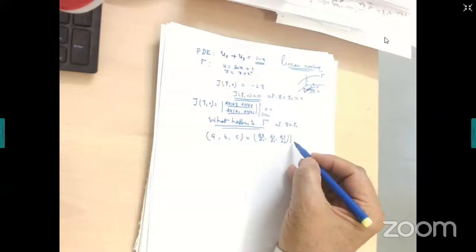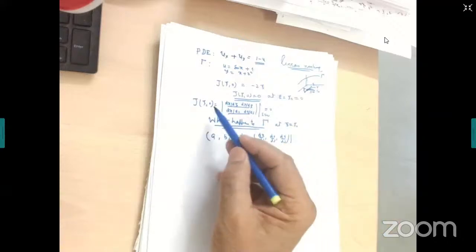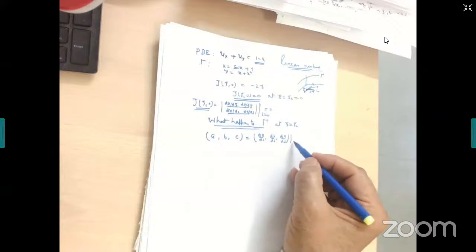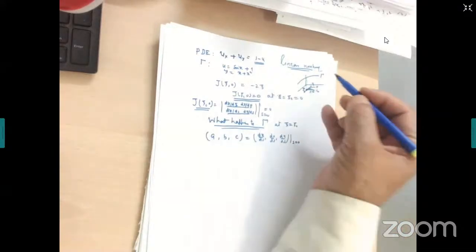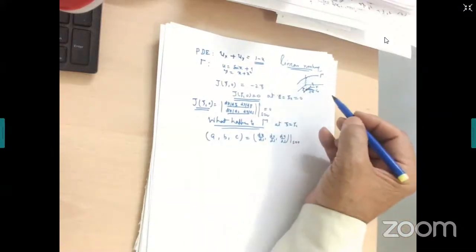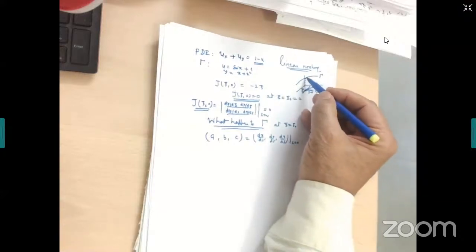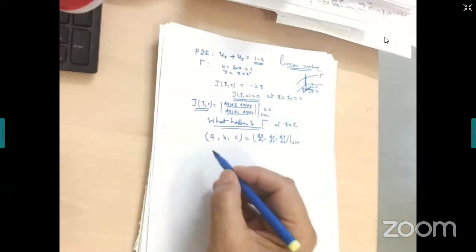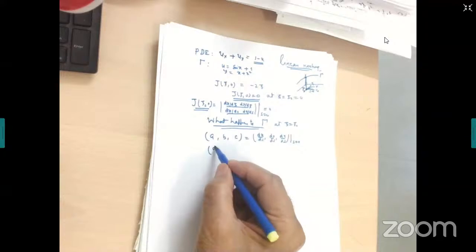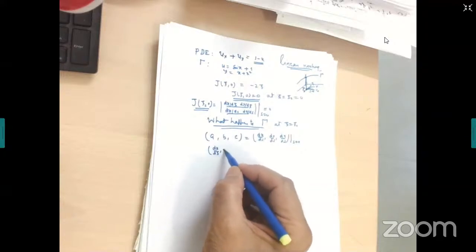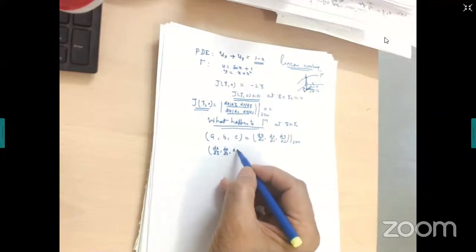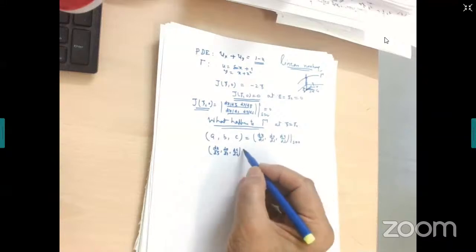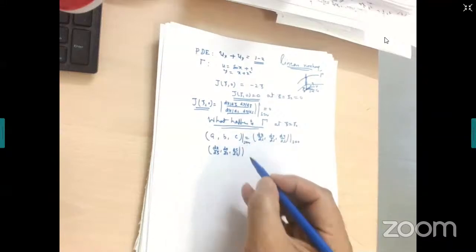I'm interested in finding out at S is equal to 0, because P naught is the projection of this point, again on the U axis. Similarly, I have to find out dx d psi, dy d psi, du d psi at S is equal to 0.